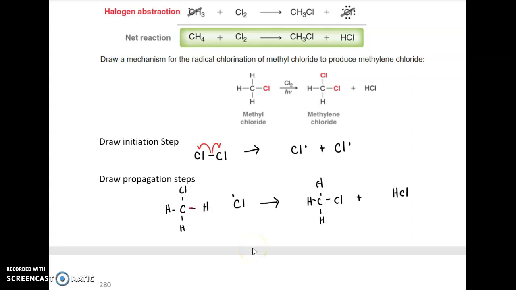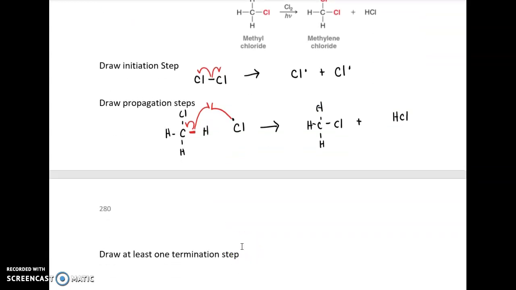So we need to break this bond here, and so one of the electrons is going to go back to that carbon, and the other electron is going to make this new bond, and this is the other half of that new bond. We've got 3 arrows. The next step in propagation is that of a halogen extraction.